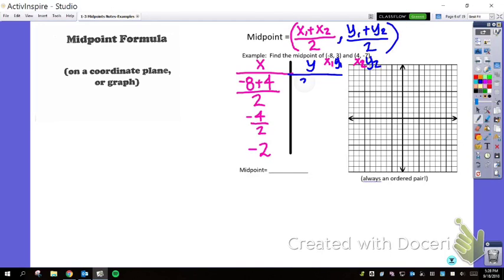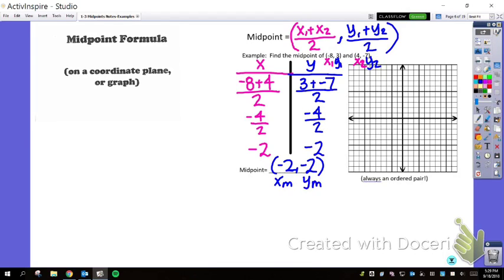We've got 3 plus -7, y1 plus y2, divided by 2. 3 plus -7 is -4, divided by 2. And we just so happen to get -2 for this one as well. Now, that's not always going to be the case, but today it is on this problem. Now, because that's the midpoint, up at the top we had x1, y1, x2, y2. For us, we're going to call this xm, because that's the x of the midpoint, and ym, the y of the midpoint.